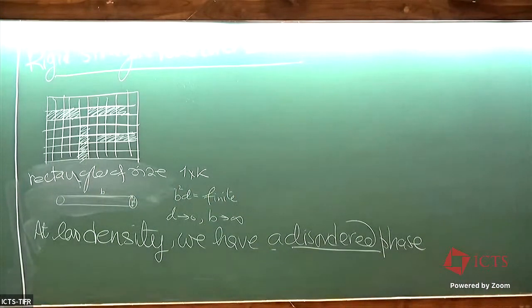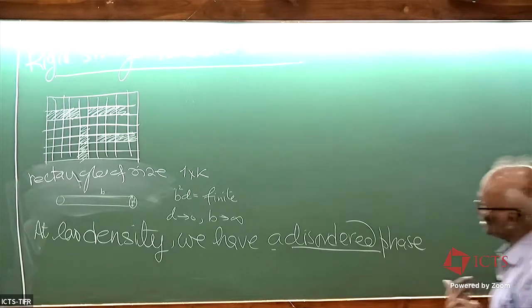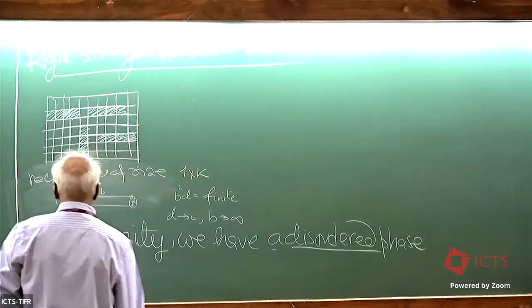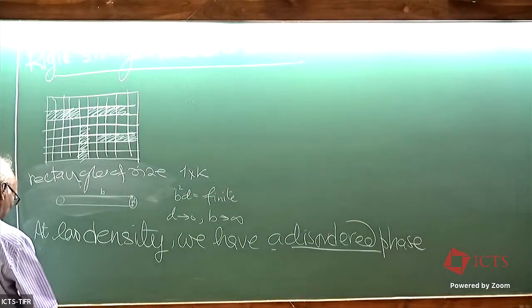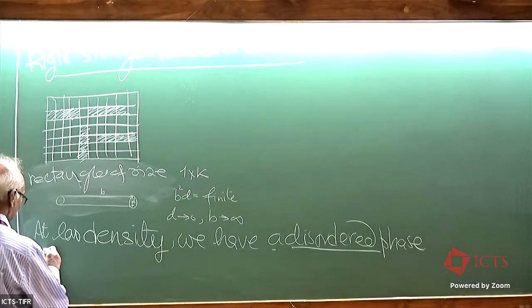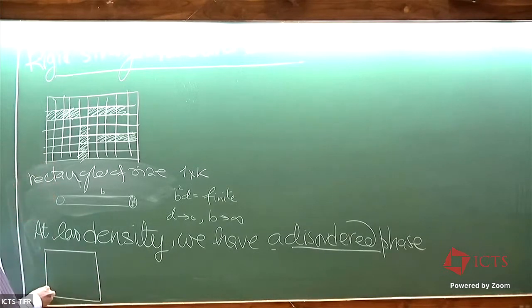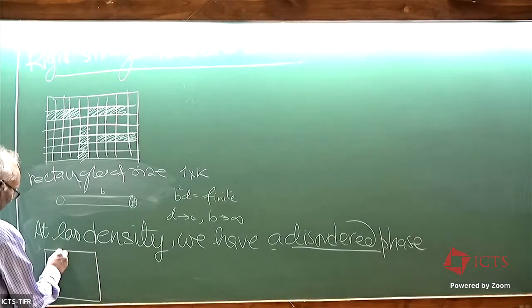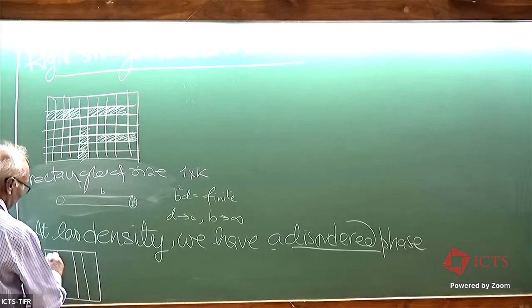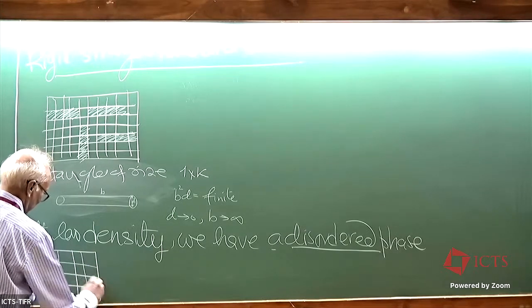So that is the density equal to 1 case. And in the density equal to 1 case, it's not very clear that there is any orientational symmetry breaking. The reason is, and this is not a full-fledged argument, that I take a big square and break it into small k by k squares.